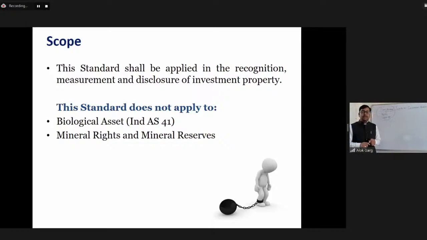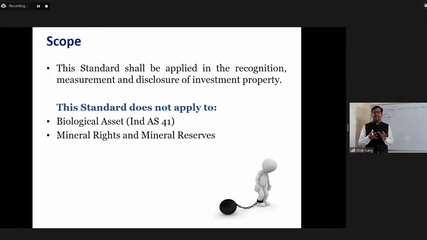Do you remember when we were discussing the scope of IndAS 16 property, plant and equipment, we discussed that IndAS 16 was not applicable to biological asset related to agricultural activity, which is covered under IndAS 41 agricultural standard. So which are the biological assets? Biological asset means living plants and animals.